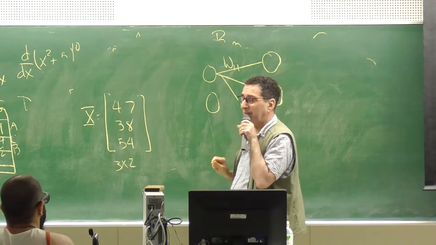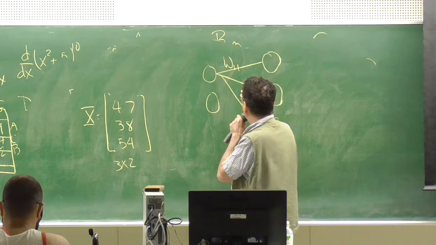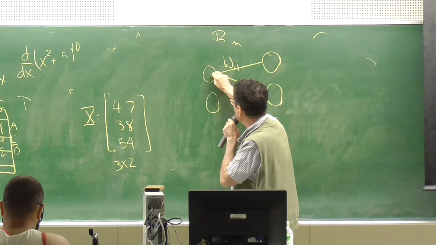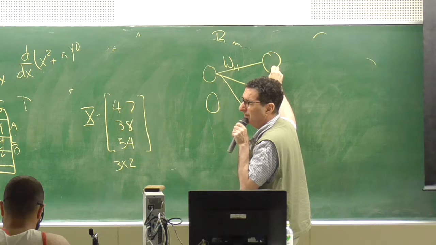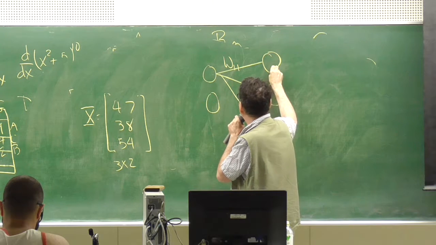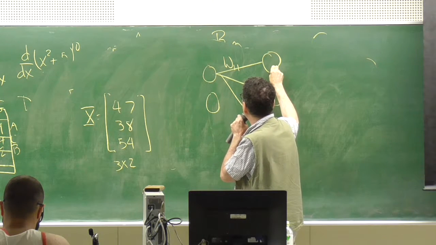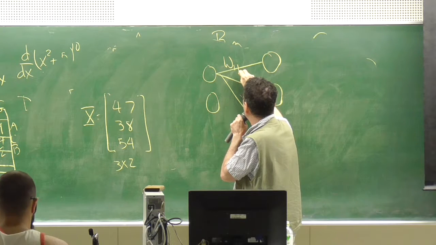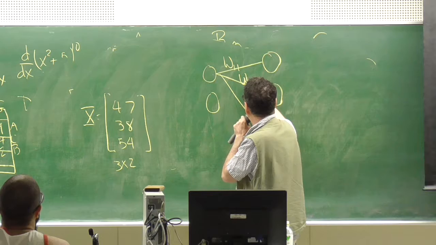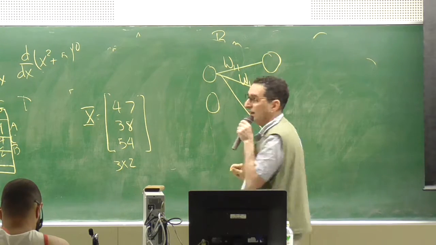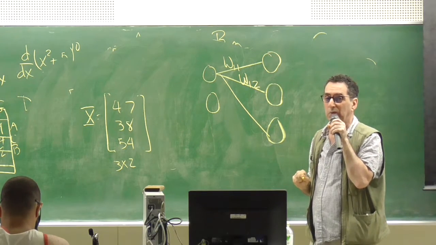Now I just have to do this right. This one comes from here, and this one goes to here, or is it the other way around? That's what I forget right now. Is this W12, or do I want to label it W21? I forget.